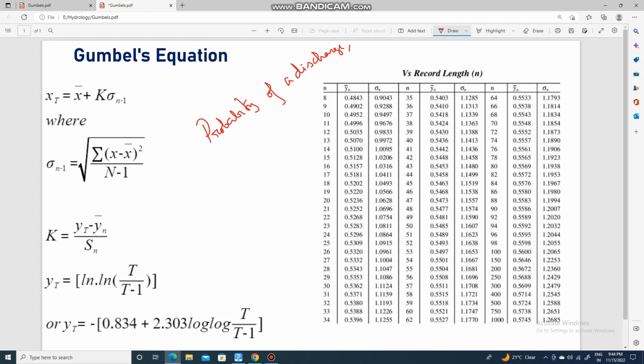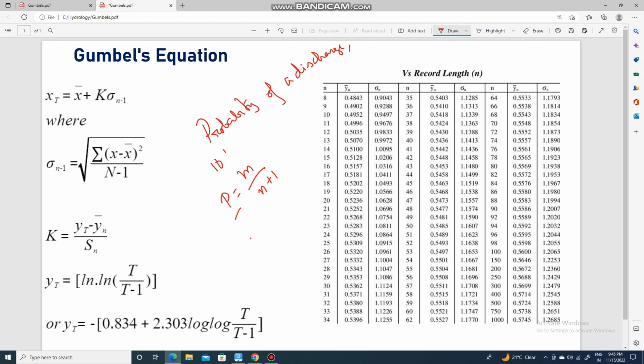So if you were given, suppose, 10 or 100 discharges, suppose the peak flow of the last 10 years, then with the help of Gumbel's formula we can find the probability of those events in the next t years.